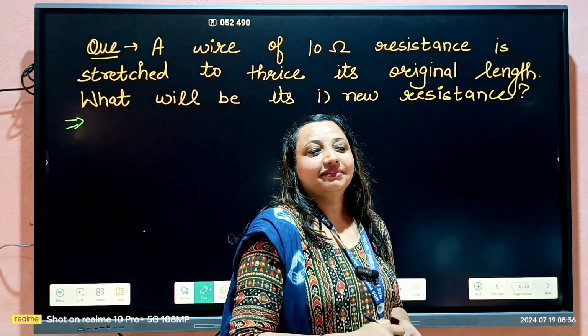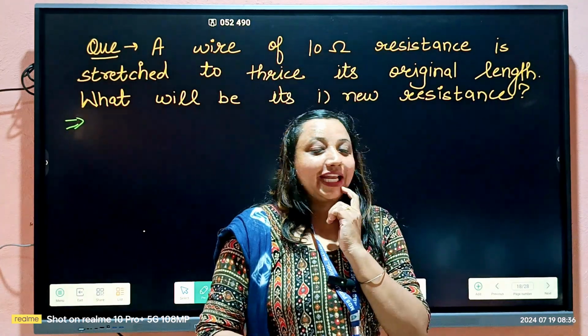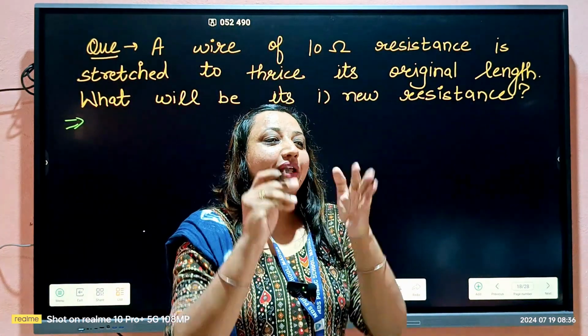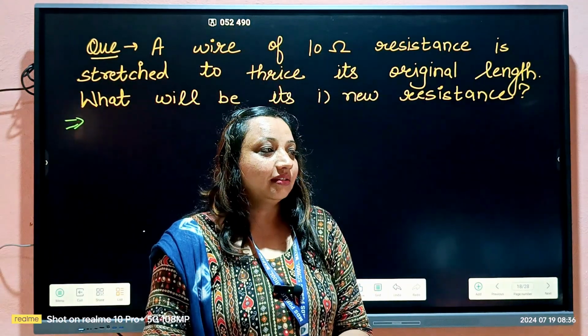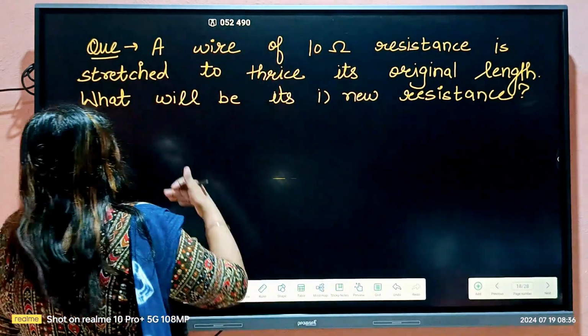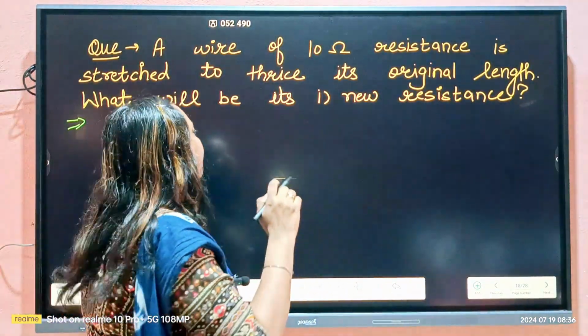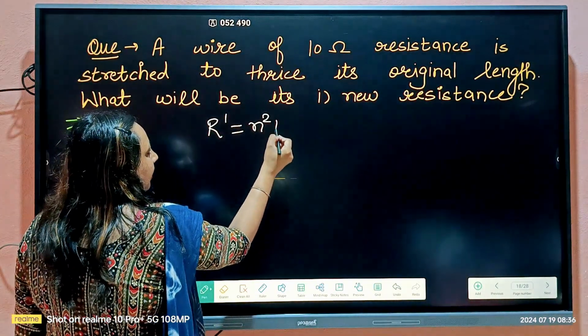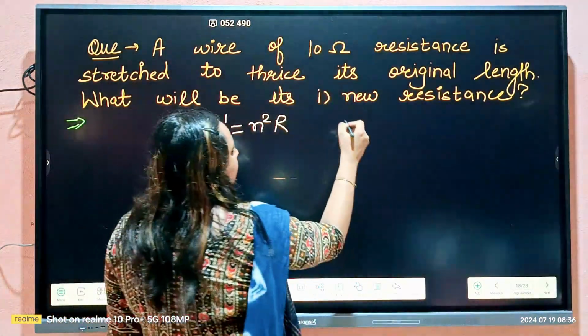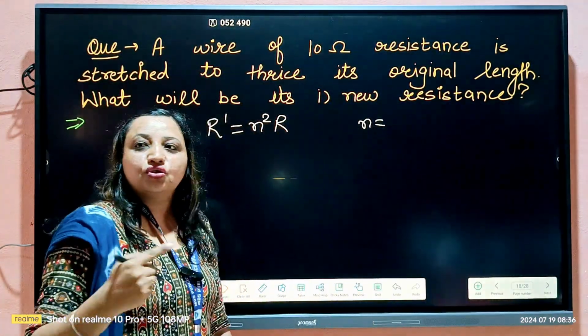Very good. That is the shortest form, but in boards you have to explain the longer method, right? So do it with the longer method, but the formula is R' = n²R. n is how many times you stretch it.